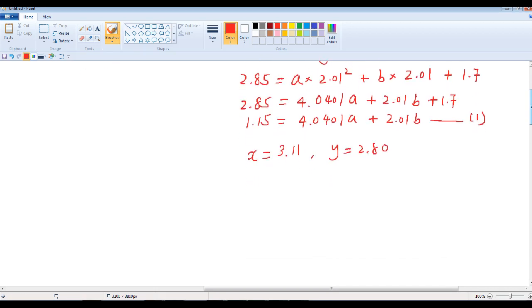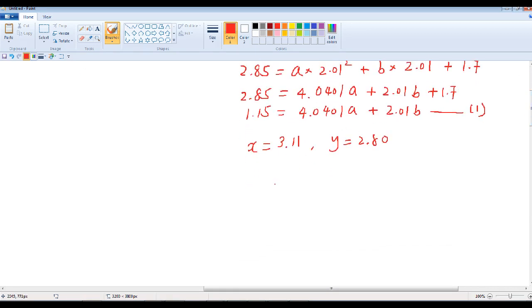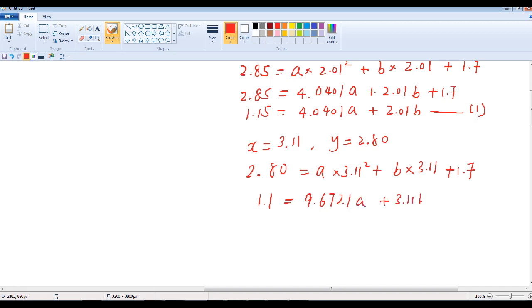For this one, we just have 2.80 equals a times 3.11 squared plus b times 3.11 plus 1.7. To do this one, I skip a few steps. So in the end, you will have 1.1 equals 9.67a plus 3.11b. So that's equation number 2.